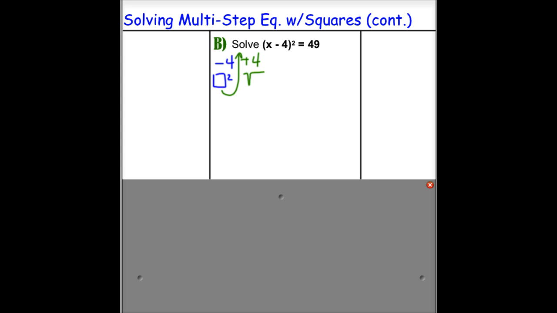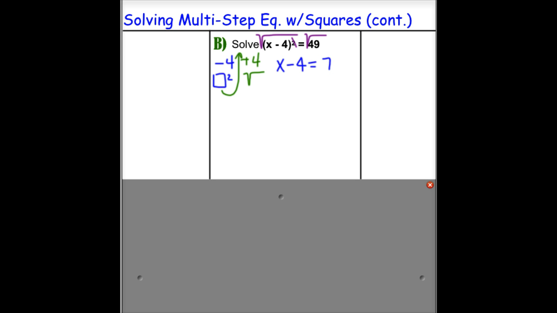When I do that with my problem, I first square root both sides. Square rooting gets rid of the squared, which leaves me with x minus 4, and the square root of 49 is 7.